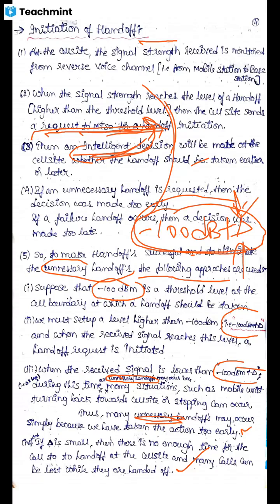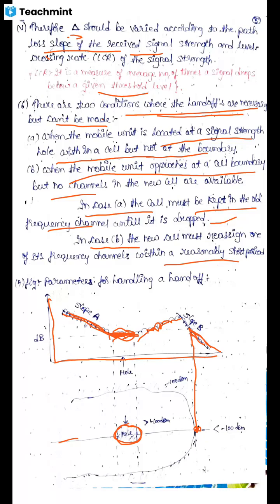The conclusion is that we avoid these handoffs mainly by considering the delta value, which should be varied according to the path loss slope of the received signal strength.